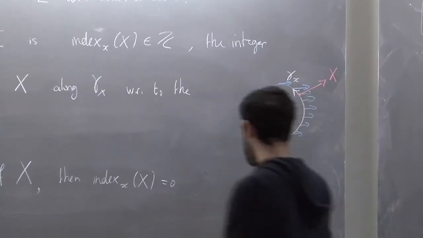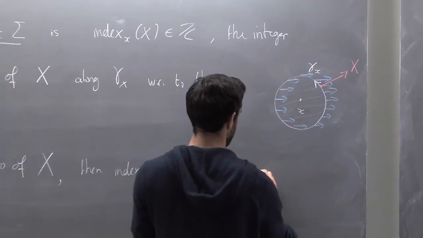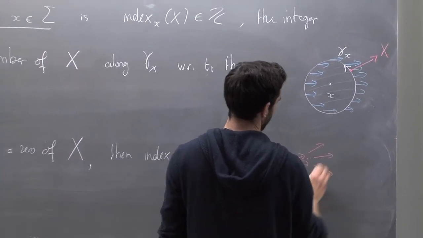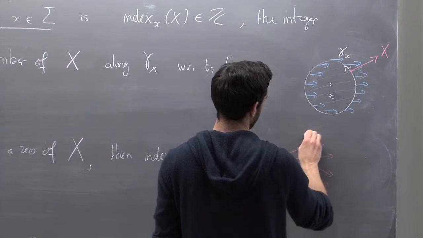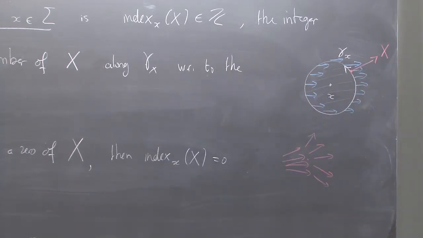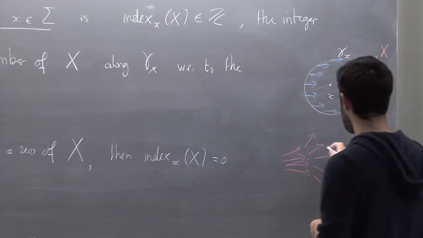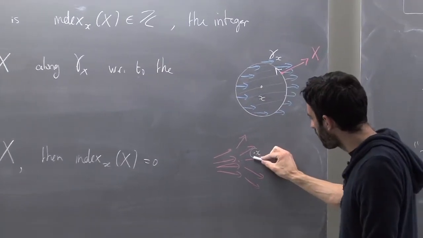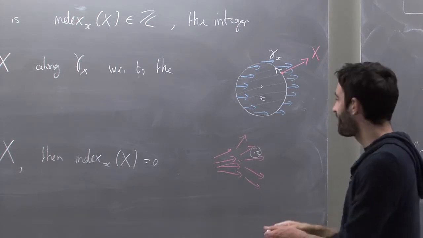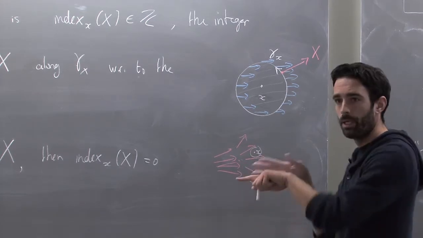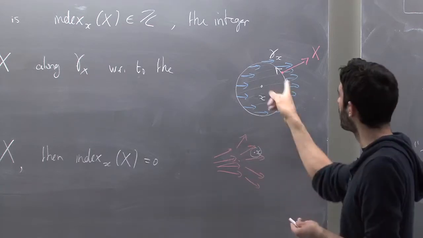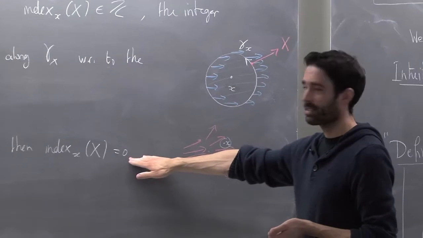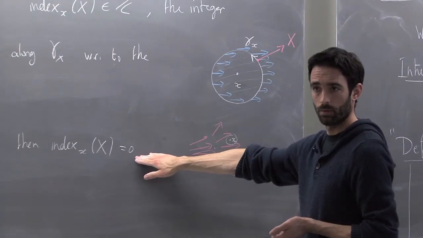In this case, you see you have your vector field X. Let's just draw some kind of vector field that is not 0. And I pick a point, small x, that is not a zero. And okay, you see, you just look at a small enough disk around it, and the vector field big X will be locally like a constant vector field, so it will not turn with respect to the constant one. So this has no interest if you're not at a zero. Okay.